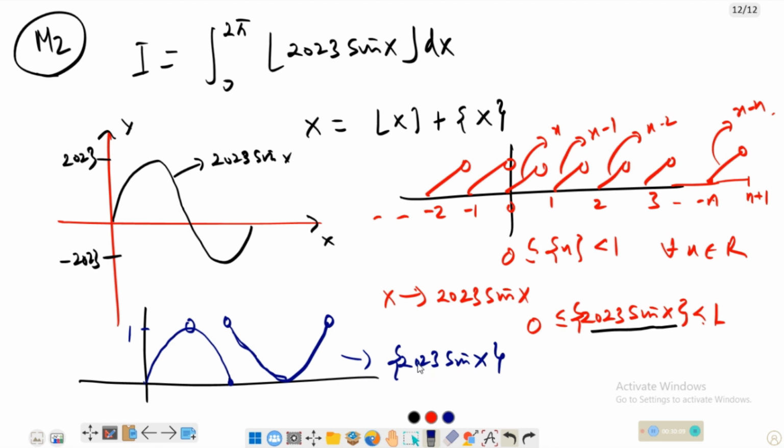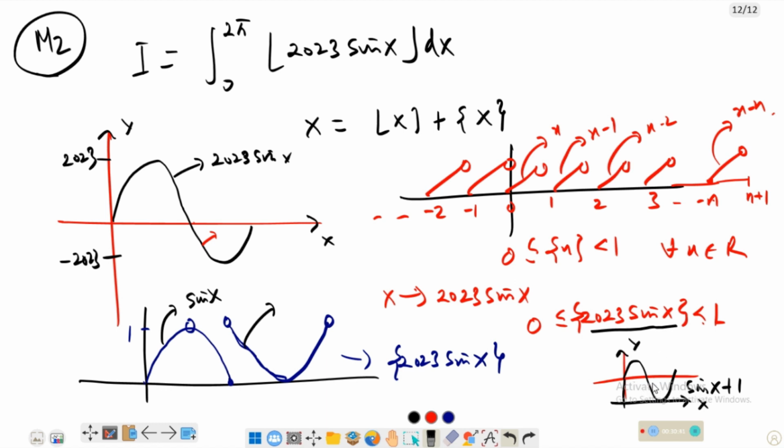So this graph behaves like sin x, and this graph behaves like, if I add 1, sin x plus 1, then this x-axis becomes the lower x-axis.